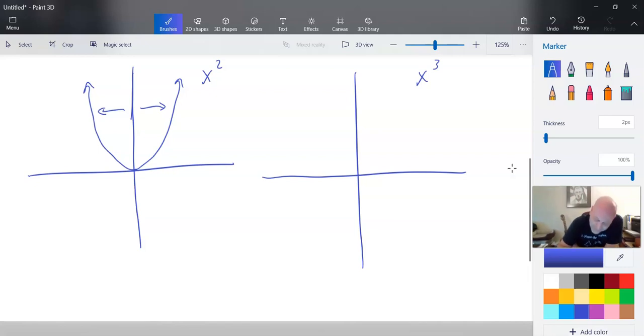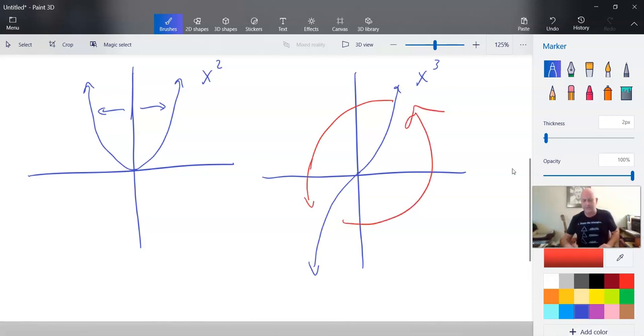X cubed. That looks something like this. And this has origin symmetry. Sometimes it's called original symmetry. But the idea is if you rotate it 180 degrees, right? If you turn it 180 degrees on the origin, right?